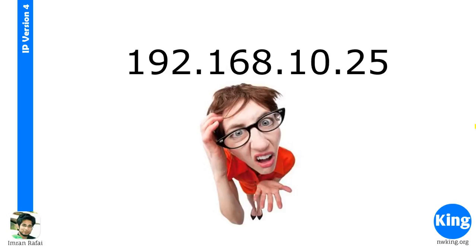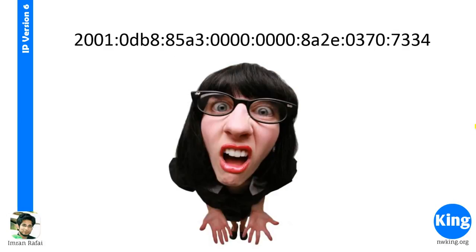What you see on the screen is nothing but an IP version 4 address. And as you know, IP version 6 has been released, and if you get scared looking at an IP version 4 address, I would ask you to wait until you see IP version 6, an example of which is this. Well, don't worry, IP addressing is not that difficult. Once we understand the basics, IP addressing is very easy.